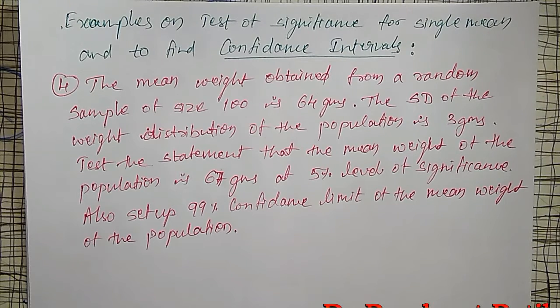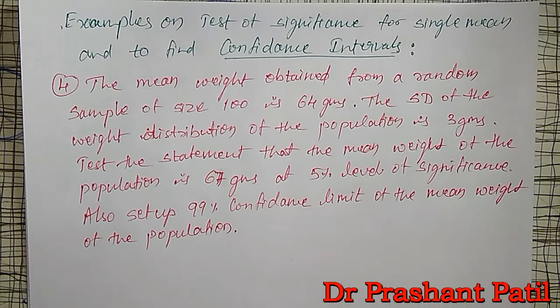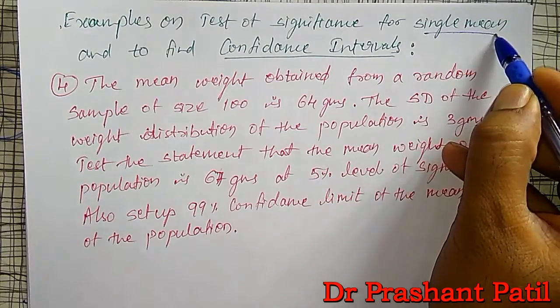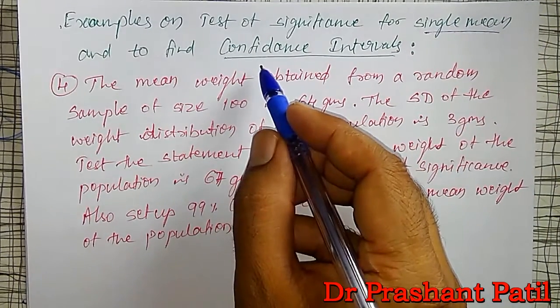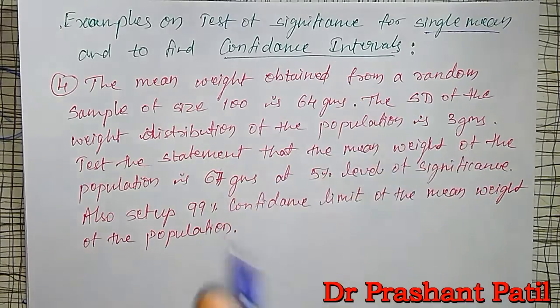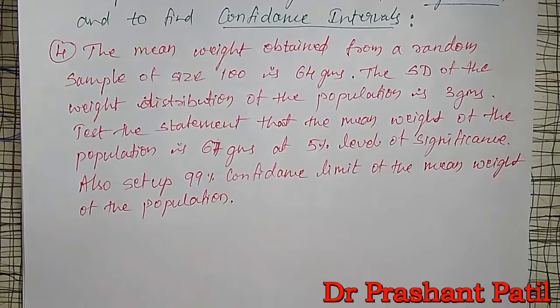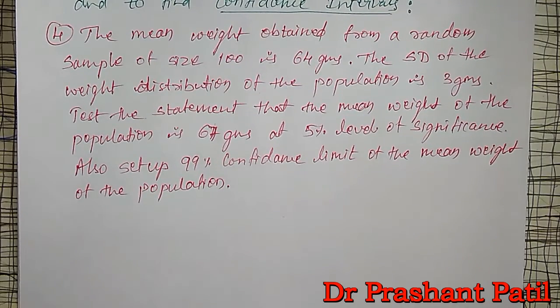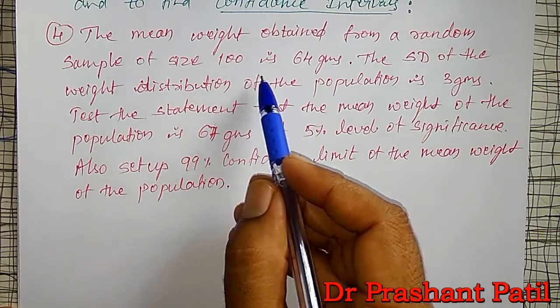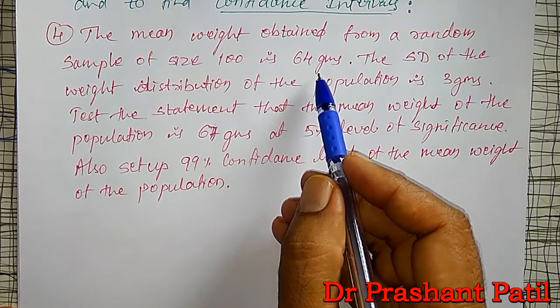Friends, in this video I am going to solve two examples on test of significance for mean, and also I am finding the confidence intervals or confidence limits. Examples on this. The mean weight obtained from a random sample of size 100 is 64.